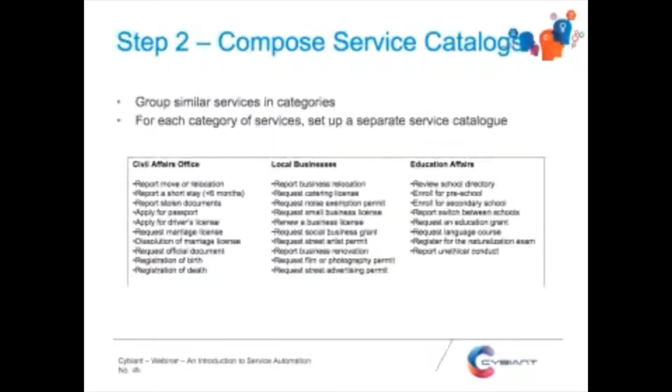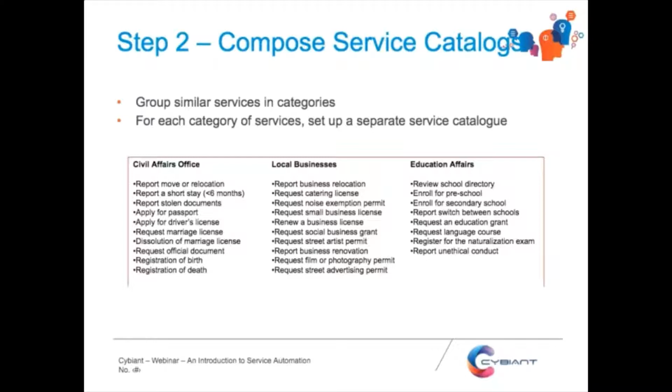After we know those particular services from a user point of view, the second step is to compose a service catalog. The reason we would like to define those service catalogs is because different categories of services are frequently executed by different people. Especially in larger organizations like a government or an enterprise, not all services are delivered by the same people.